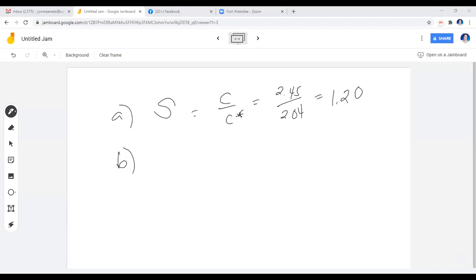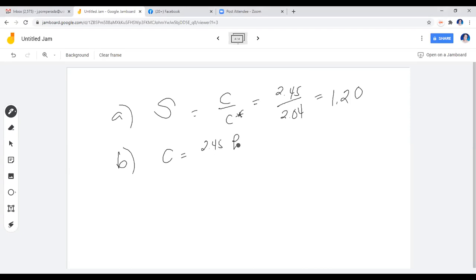How will I find the supersaturation ratio wherein the units of the C and the C asterisk have to be kilogram sucrose per kilogram of solution? What will I do? So I will first have a C computed and a C asterisk computed.